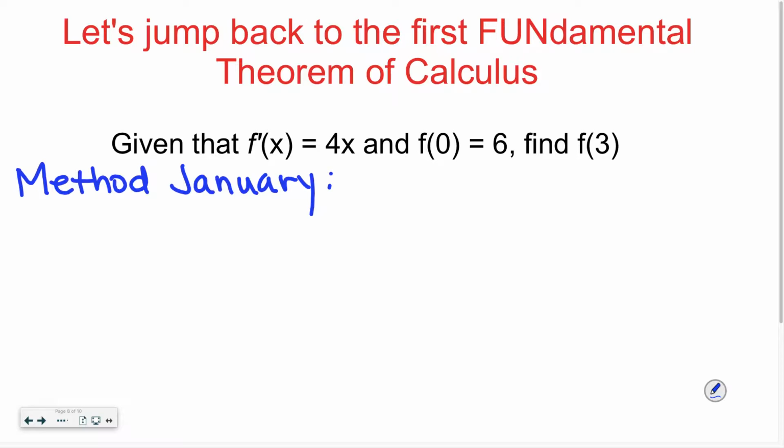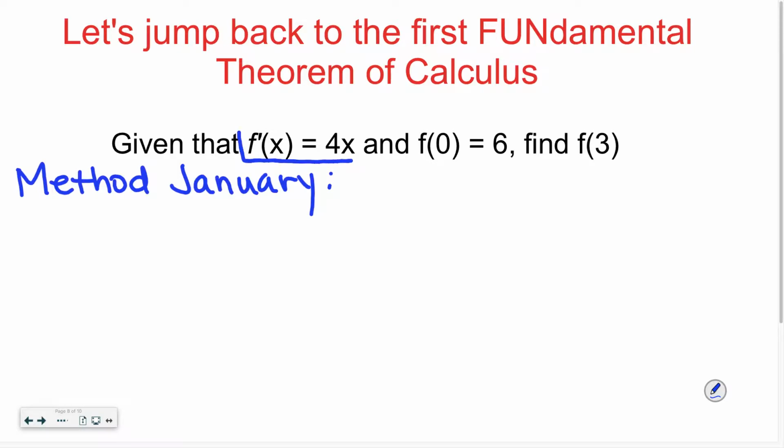Back in January, do you remember doing stuff like this? Okay, so talk me through it. What did we do to find f of 3? First, we needed to find the derivative, antiderivative.